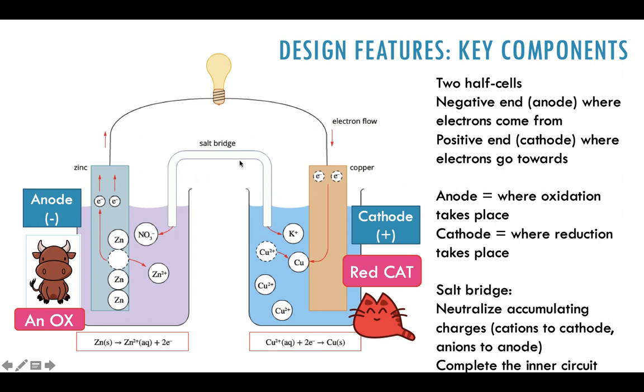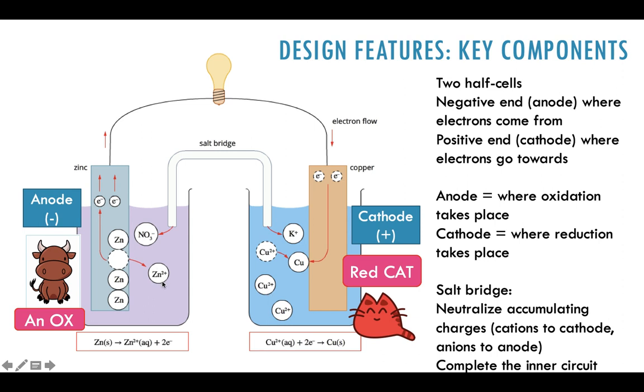On the other hand, they need to neutralize the accumulating charges. You can see here on the anode, zinc is going through oxidation to lose electrons. So here, zinc cation is continuously being produced with nothing to neutralize it. On the other hand, copper cation is being reduced to become solid copper. So this solution is constantly losing copper cation with nothing to supply it. That cannot go on for long.